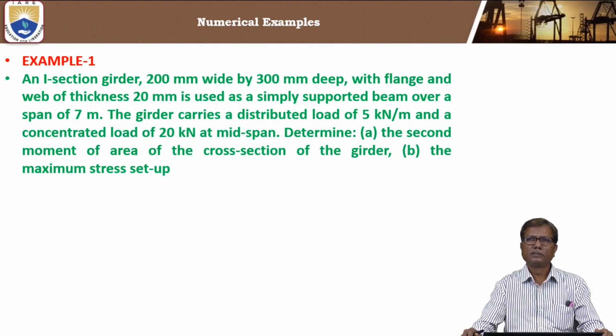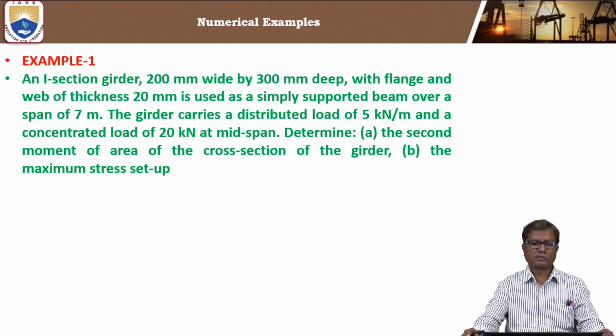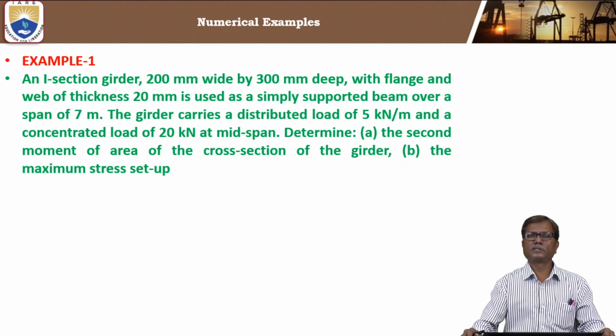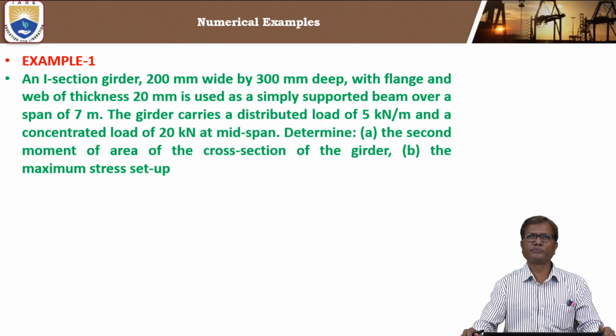Determine the second moment of area of the cross section and the maximum stress set up in the beam. So the maximum stress will be set up at the extreme fibers, either at the bottommost or topmost fibers.